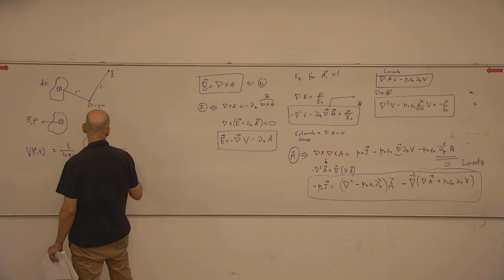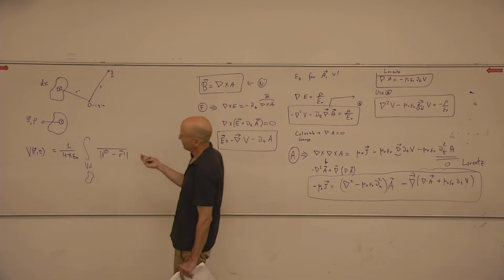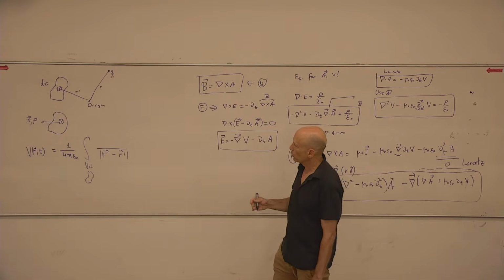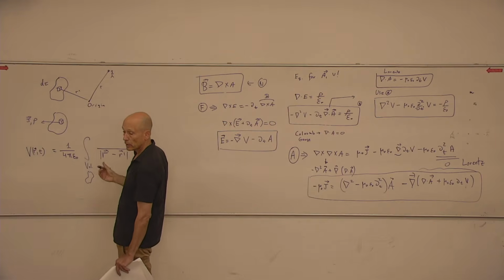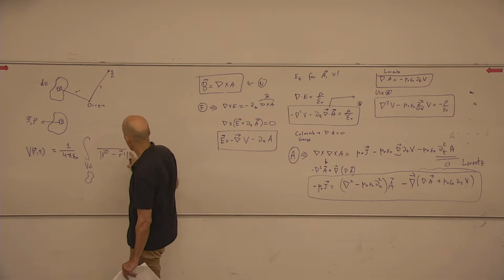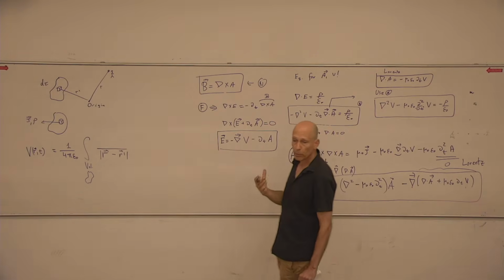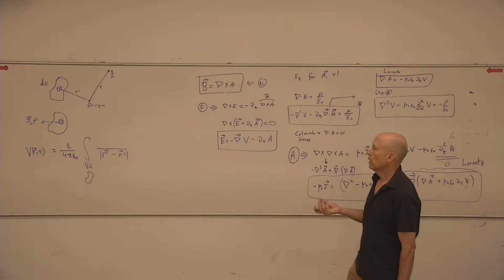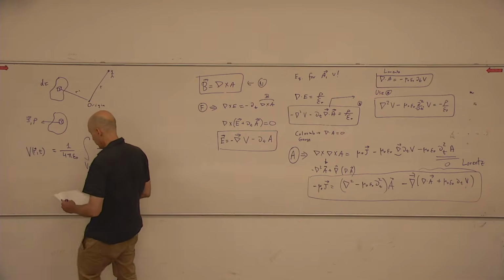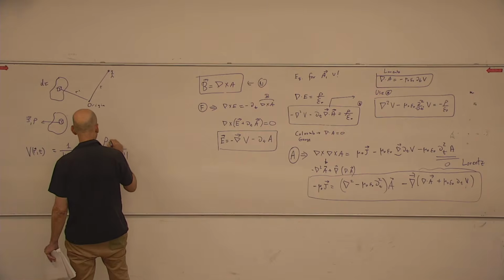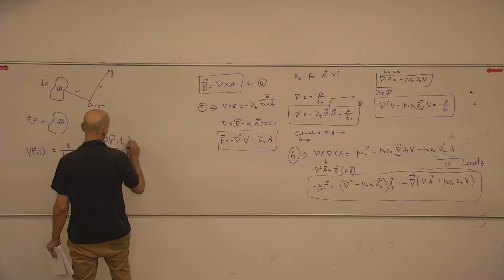R minus R prime. So R prime is the coordinate that we are integrating over. So this is R prime, then you move here, here, here, nearly as usual. You know why this is to the power 1. This is like the usual potential, right? The potential of an electrostatic source. This is rho of R prime, t, d tau.